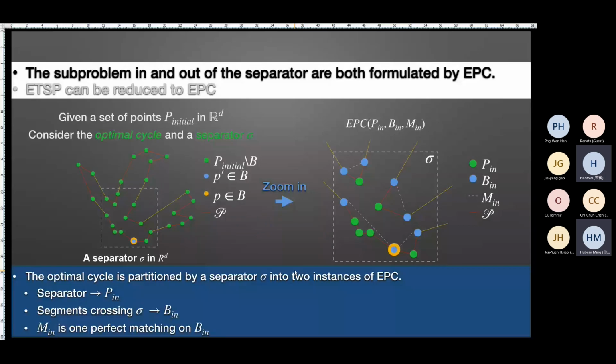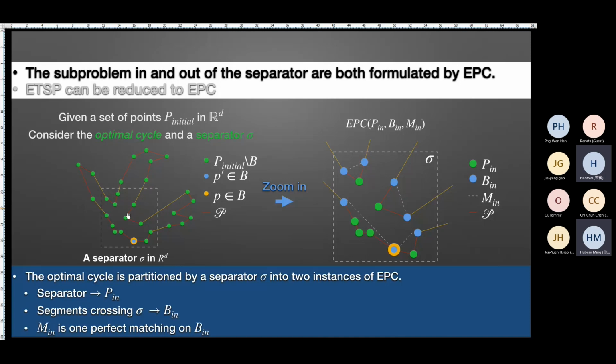Let's consider an optimal cycle and a separator. We denote the separator by sigma. We could observe that the optimal cycle could be divided by the separator into three parts.